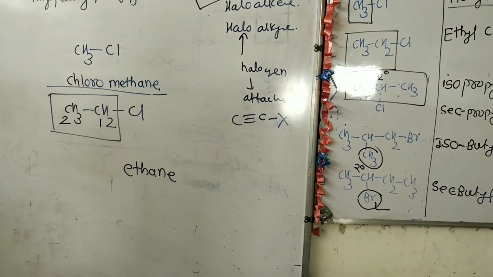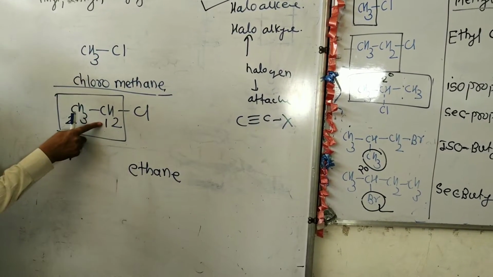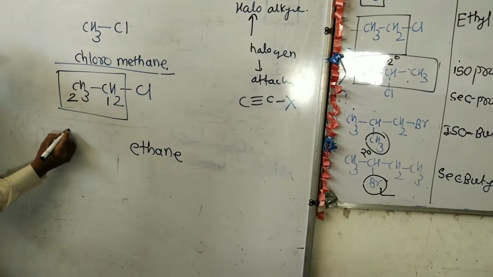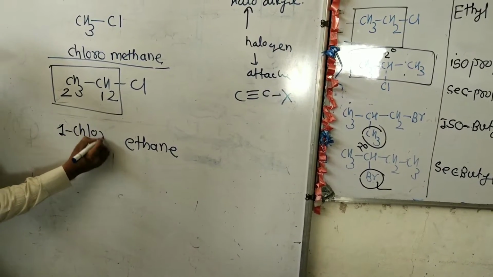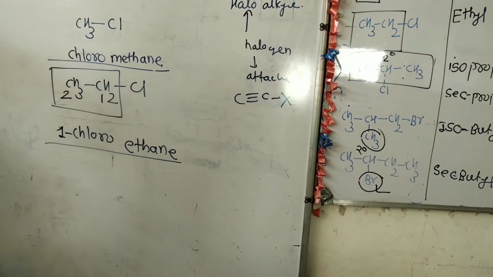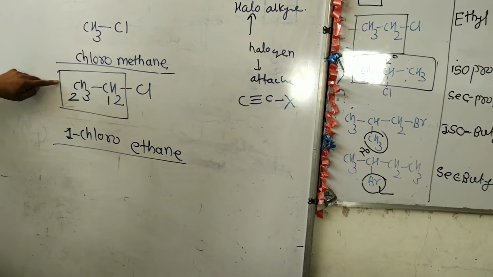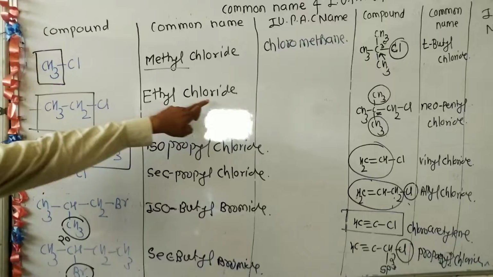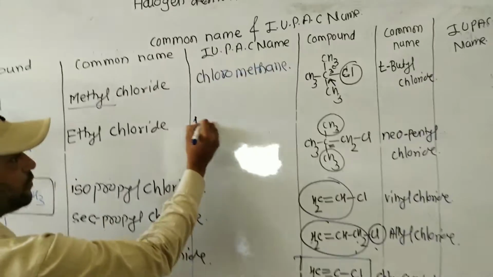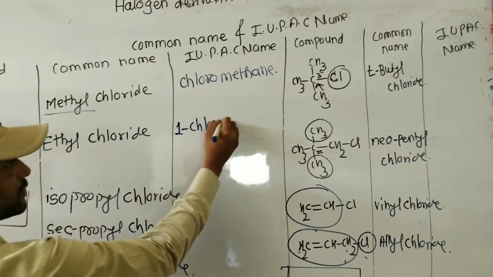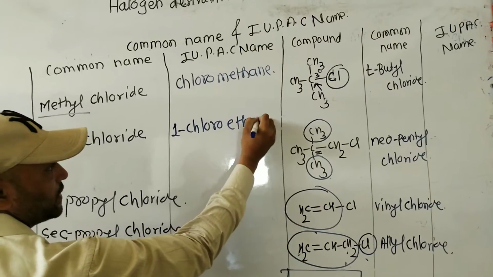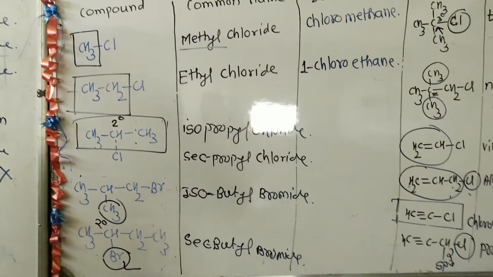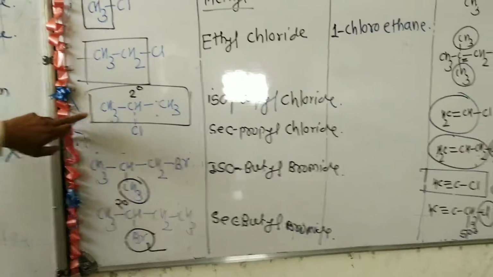And the number one carbon carries chlorine. So it is called 1-chloroethane. So what is the name of this compound? 1-chloroethane. So ethyl chloride is called 1-chloroethane.